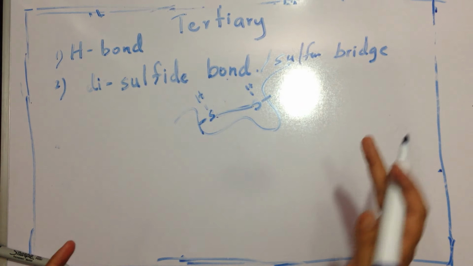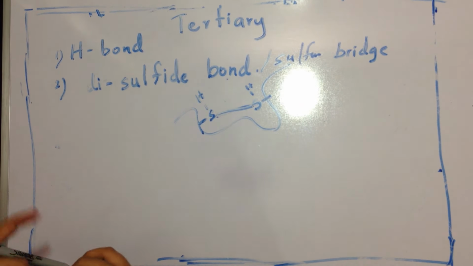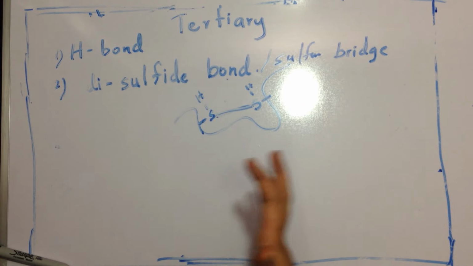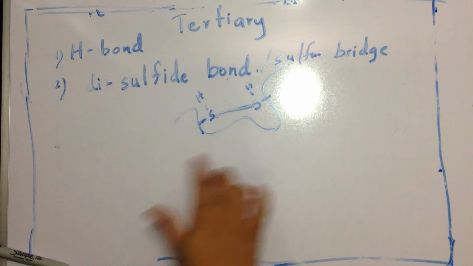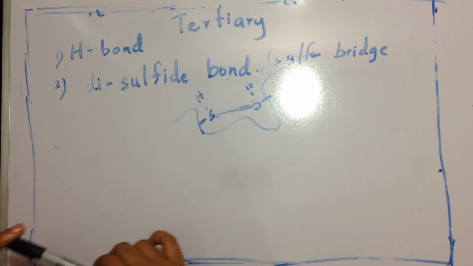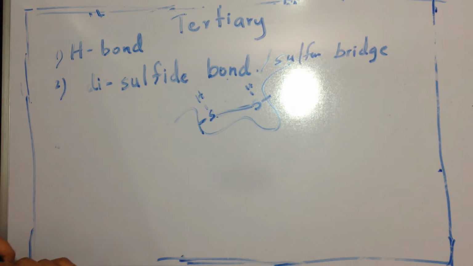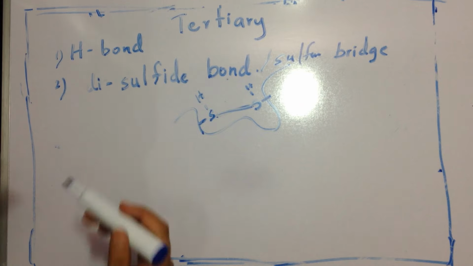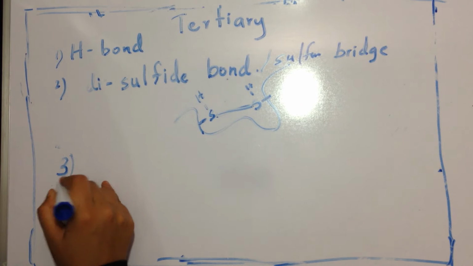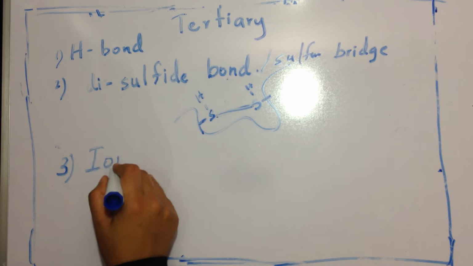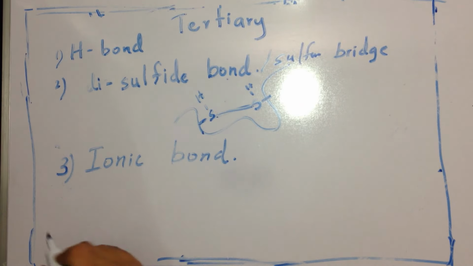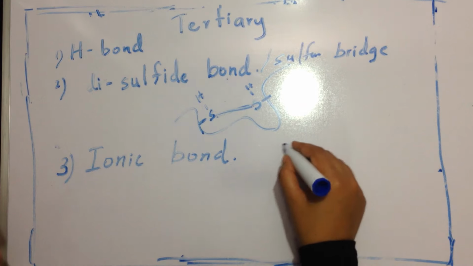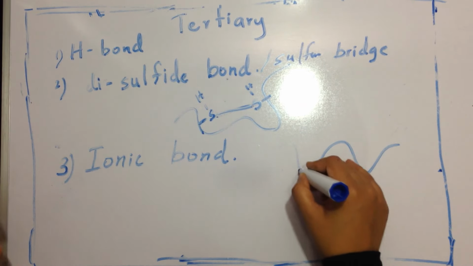So this is stronger than the hydrogen bond. The hydrogen bond is comparatively weaker, but there are loads of hydrogen bonds together. They are also strong, but not strong enough like this disulfide bond. Okay, so that is the second type. The third type is the ionic bond. An ionic bond can be formed between ions.